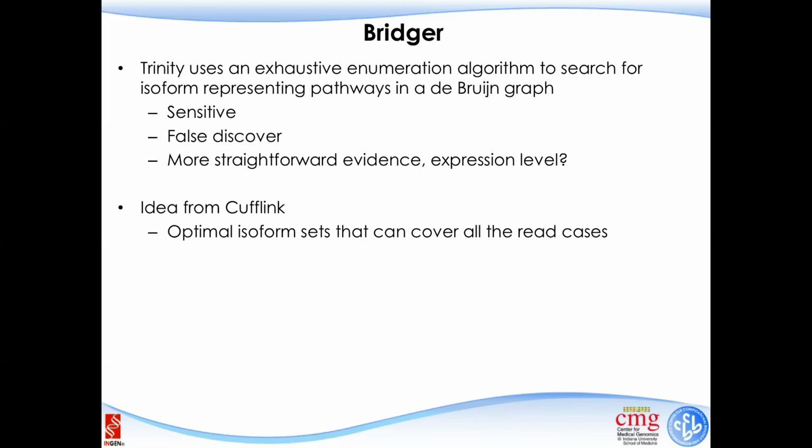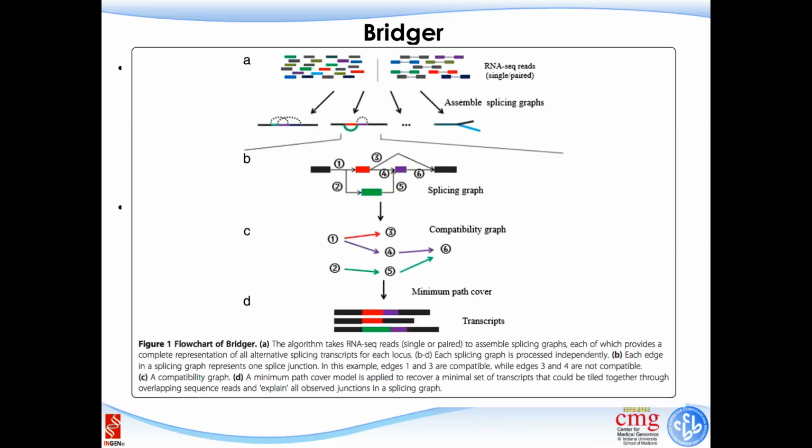This method, called Bridger, wants to bridge the de novo assembly method with Cufflinks' idea to find an optimal isoform set that can cover all the reads. Basically, it still builds the splicing graph as Trinity did in the first step, and then from the splicing graph it infers a compatible graph, implementing the algorithm on the splicing graph to identify the compatible graph and the minimal path cover, and get the transcripts.